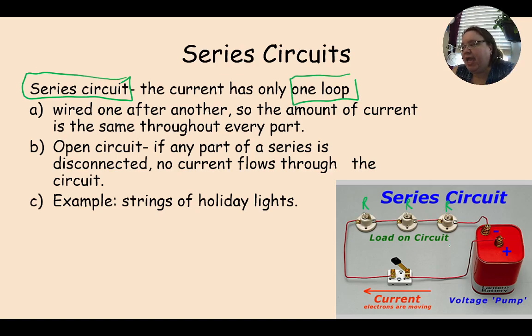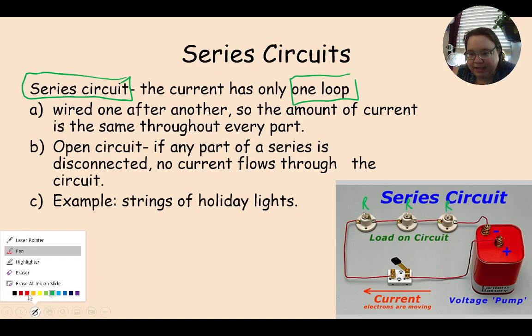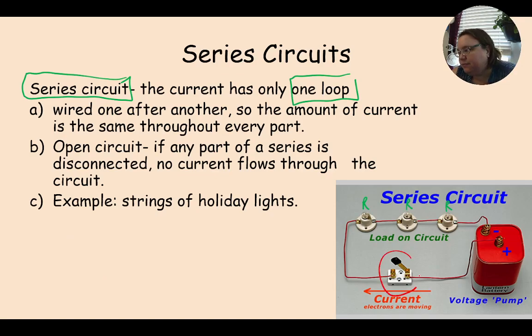But when you look at the wire, there's only one flow of electrons. This thing at the bottom is a switch. With it being up as it is right now, it's off. It's an open switch. No electrons are going to flow. But if we push it down, we would have the current flowing from the negative to the positive.